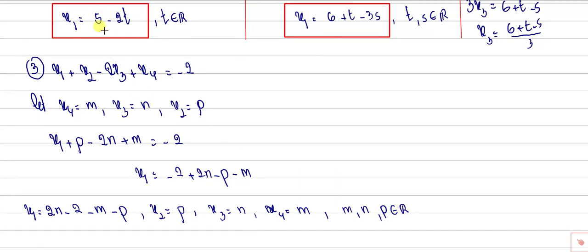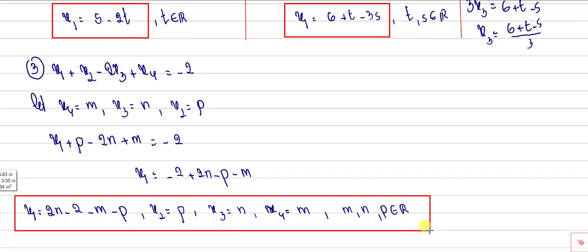So this is the general solution set of our equation x1 plus x2 minus 2x3 plus x4 equal to minus 2. This is the way to find the general solution of our equation.